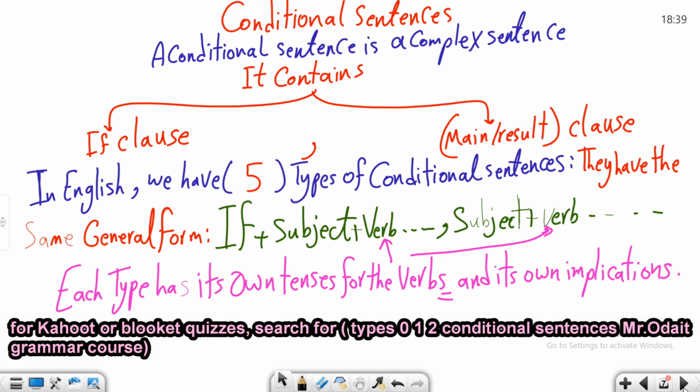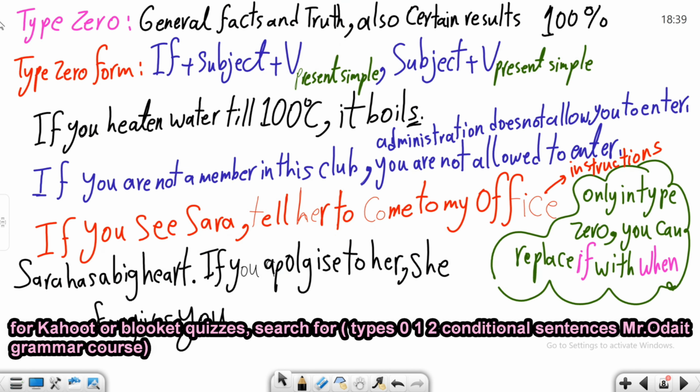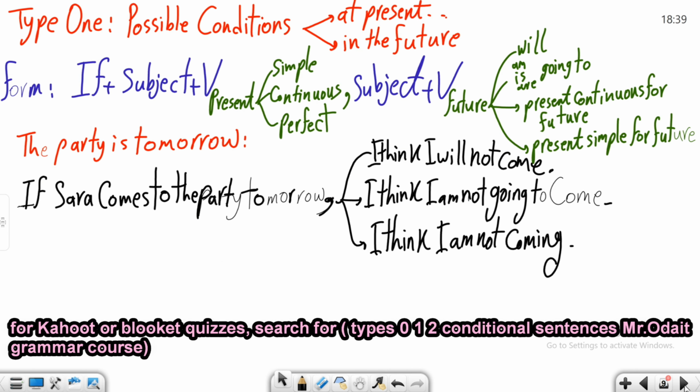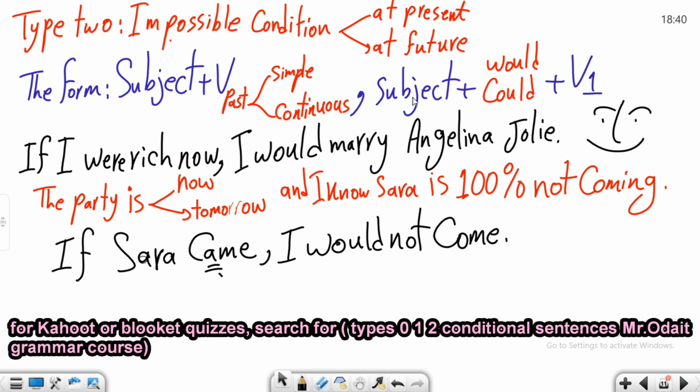Still, they are different in the tenses, and we said that we use type 0 for general facts and things that are always true, and we use type 1 for possible conditions at present or in the future, and also we use type 2 to talk about impossible conditions at present and in the future.